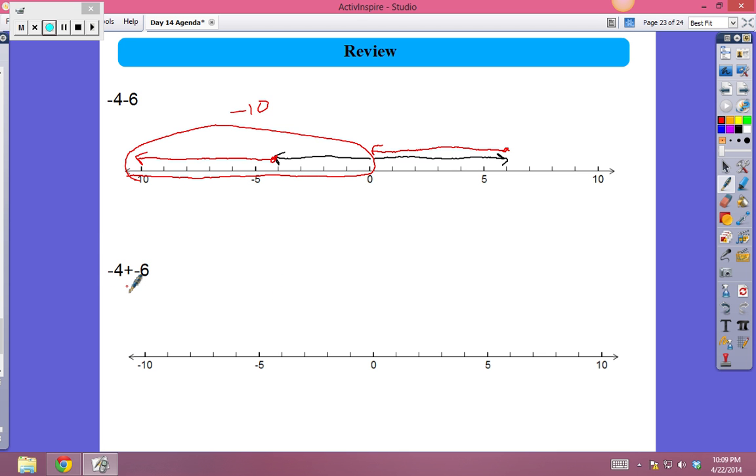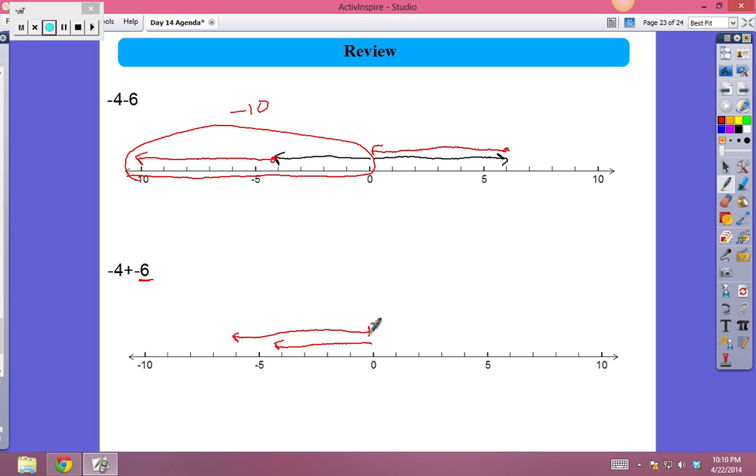Okay, negative 4. If I've got a vector in negative direction magnitude 4 and a vector of magnitude 6 in negative direction, so they're both going the same direction, but now I'm going to add these two vectors. I'm going to add the second to the first. So leave the first where it is. Pick this second one up.